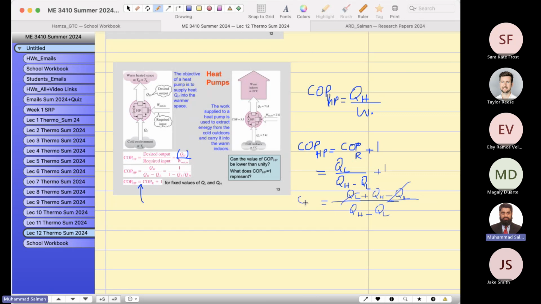As you can see, this is equal to the coefficient of performance of the heat pump, QH over WN. Okay, these are the two formulae.